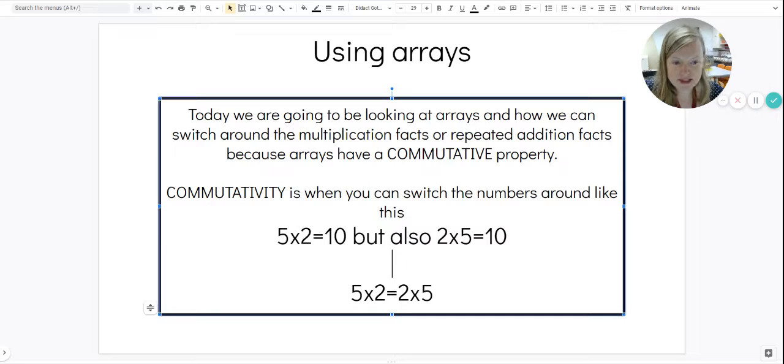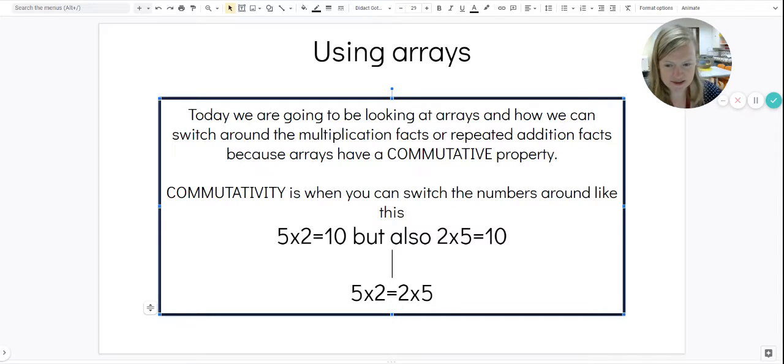So the word commutative is an important maths term, and the property is only found in addition and multiplication sentences. So when we are investigating arrays, they are commutative, and no matter which order you put the numbers in, we will get the same answer.